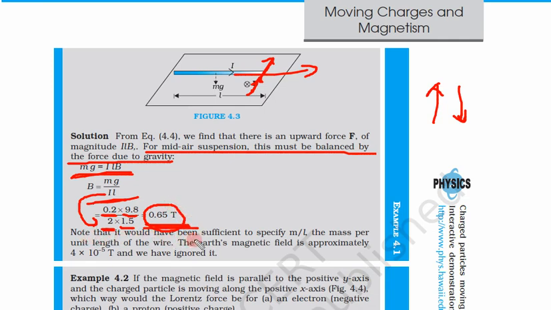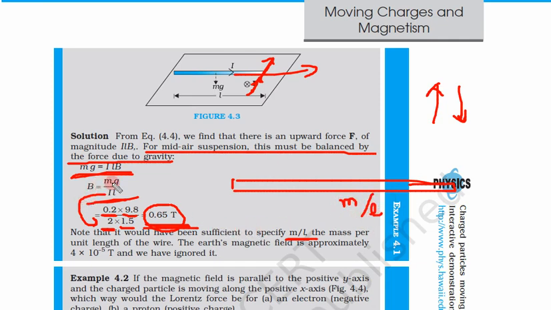Note that it would have been sufficient to specify m by l. What they are trying to say is that if we have a uniform wire, then instead of giving mass and length, we can give the mass per unit length.